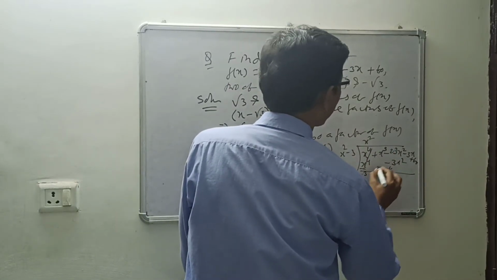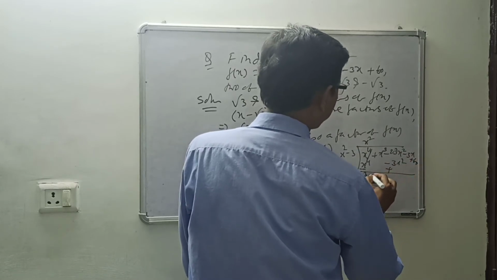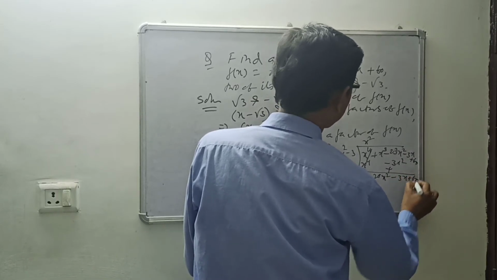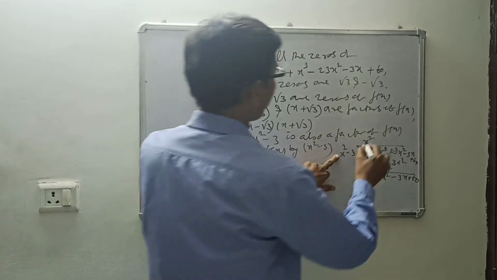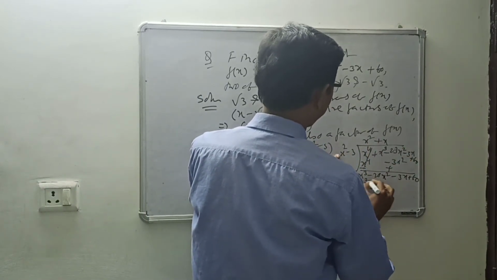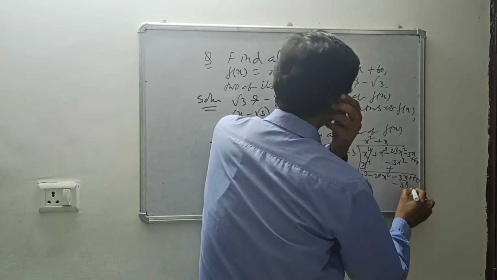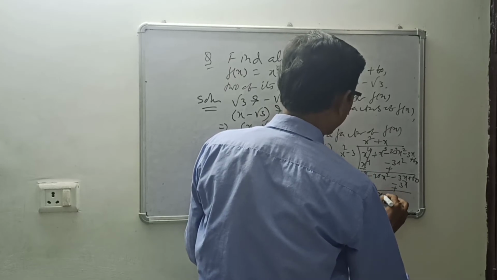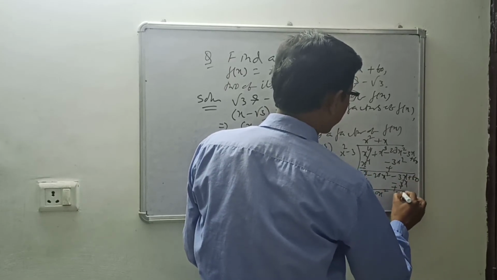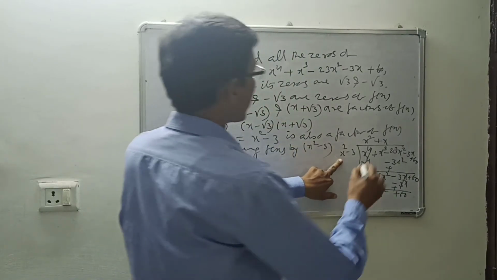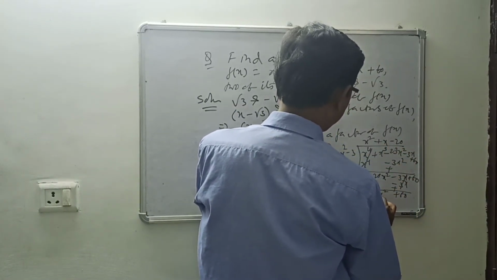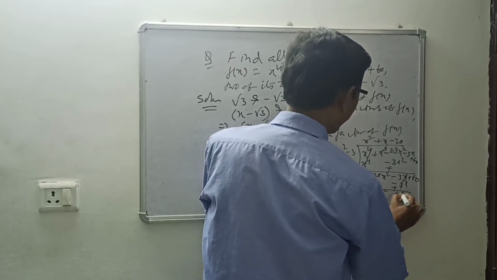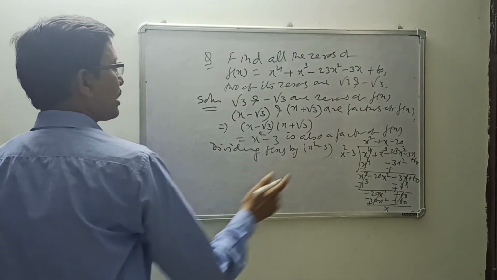So you are getting x cube minus 23 plus 3, that is minus 20x square minus 3x plus 60. It will go first by plus x, minus 3x. It will come minus 20x square. It will be cancelled, plus 60. So minus 20 it will be minus 20x square, minus minus plus 60. So dividing, you are getting that one.